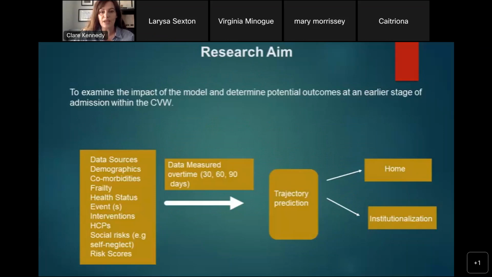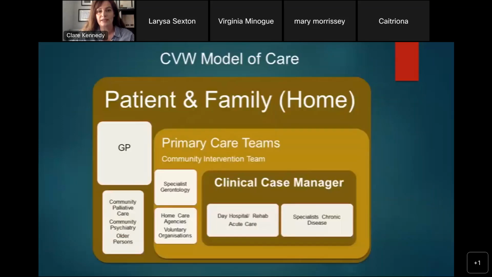We looked at demographics, their level of frailty, the types of events that they experienced, the types of interventions, the number of health and social care professionals involved, including public health nurses, GPs, specialist gerontology, and any social risks, so if they were living alone, if there was evidence of self-neglect. And data was measured over a number of time points, with the maximum being at 90 days. And we looked at if they remained at home or if they were institutionalised.